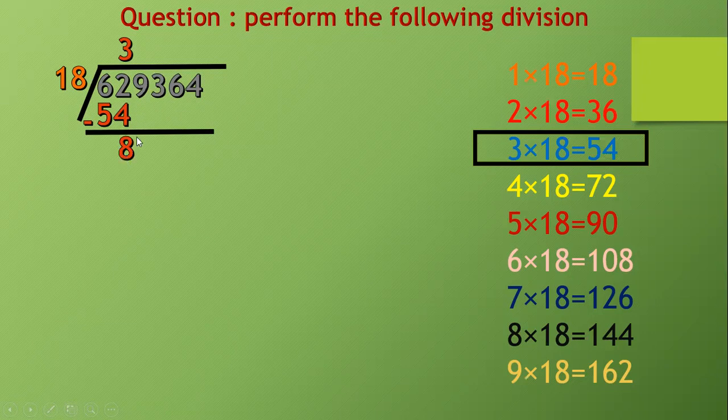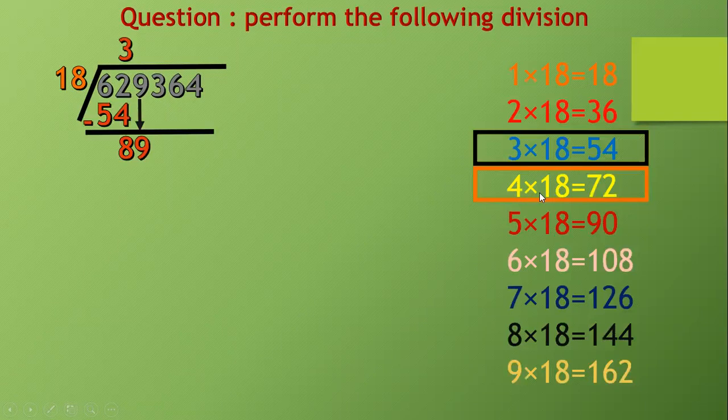Now bring down the next digit, that is 9. So our number is 89, and 89 is also greater than 18. So find the product of 18 which is equal or smaller and nearest to 89. Now find here another product.